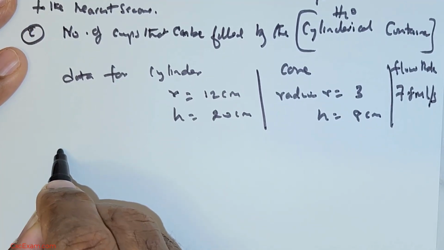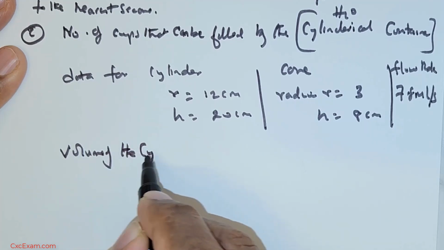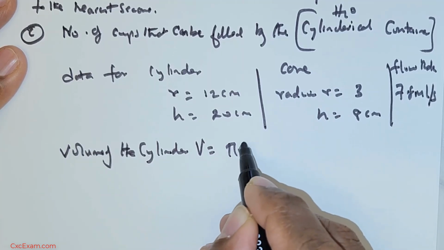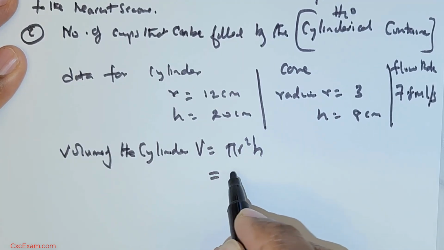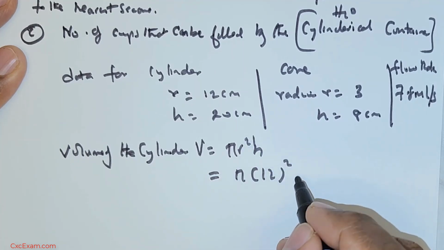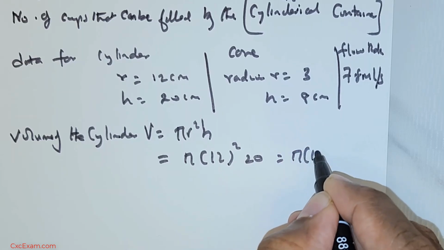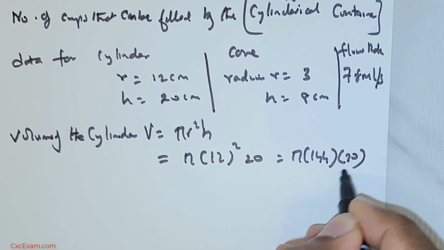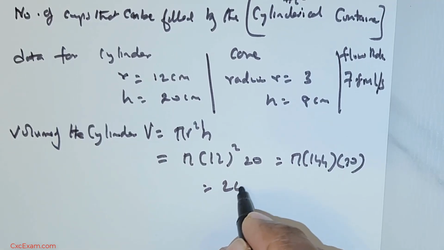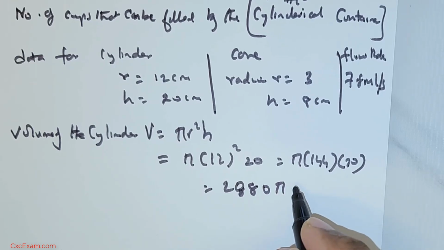So the volume of the cylinder V is equal to pi r squared h, which is going to be pi times 12 raised to the power of 2. The height is 20, so this is pi times 144 times 20, and if you were to multiply this, is going to give you 2880 pi.